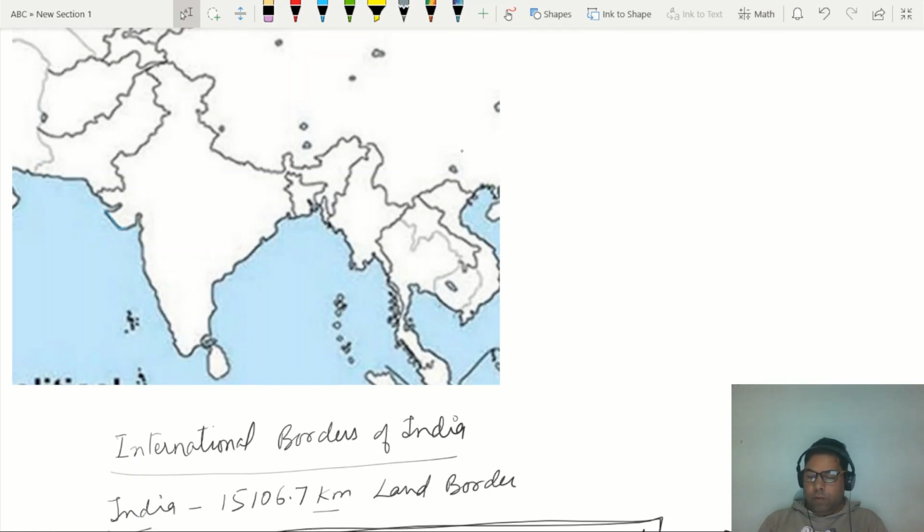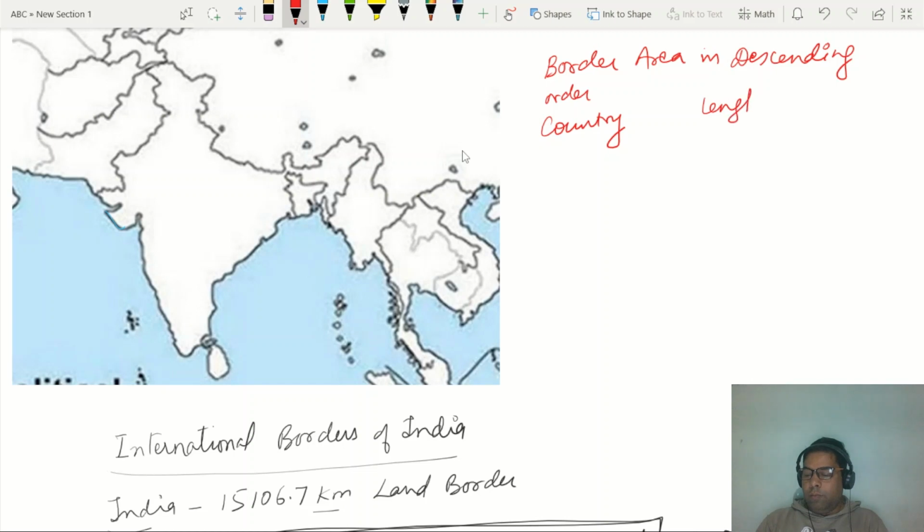First we will go in descending order of border length. Here I am writing the name of the country and the length of the border in kilometers.